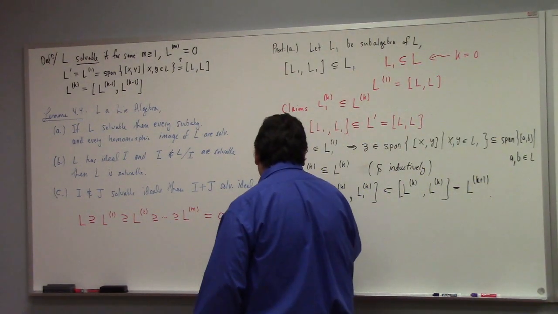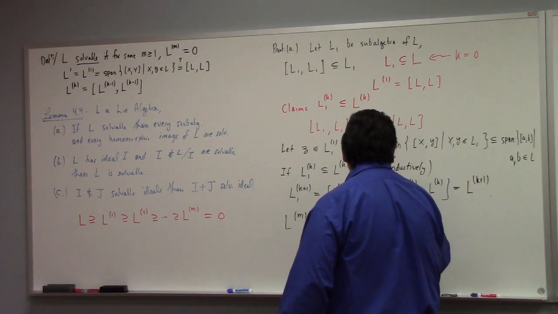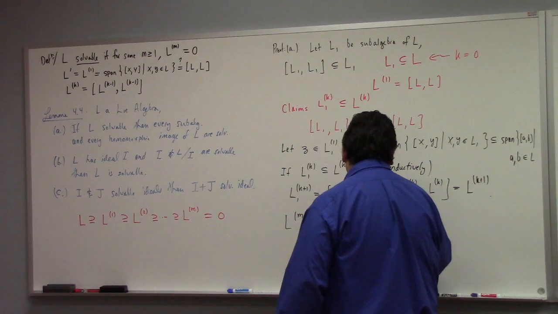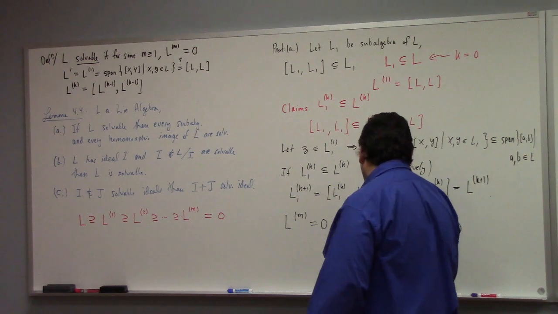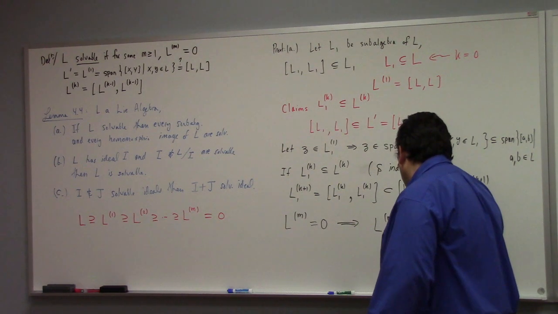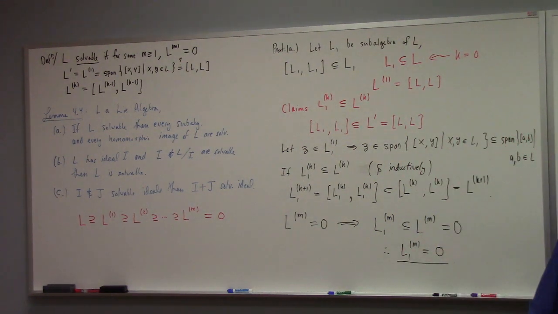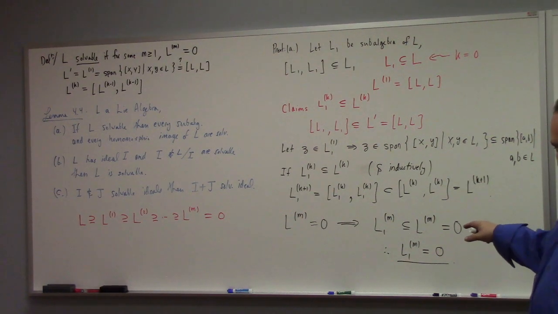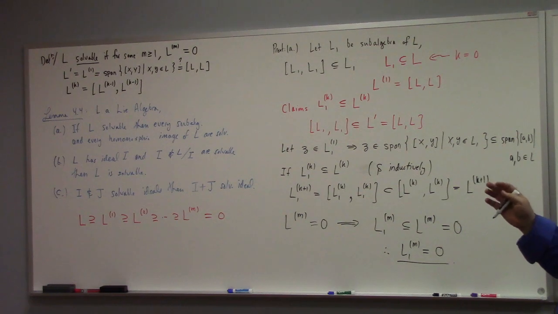So we know that L of M is equal to 0, and so that implies that L1 of M is a subset of Lm, equal to 0. The only subset of the 0 set is 0. So there you go. We proved that the derived series for the subalgebra likewise has to terminate in finite order. In fact, the same order at minimum.